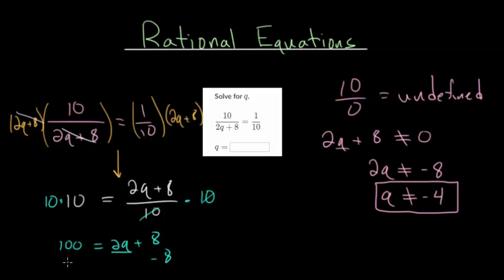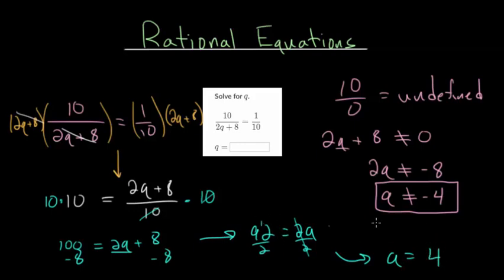We could subtract 8 on each side so that we get 92 is 2q. And then divide everything by 2 to cancel the 2's out here. And what we get is that q is 2 goes into 9 4 times, there's 1 as the remainder, 2 goes into 12 6 times. So q in this case is 46.